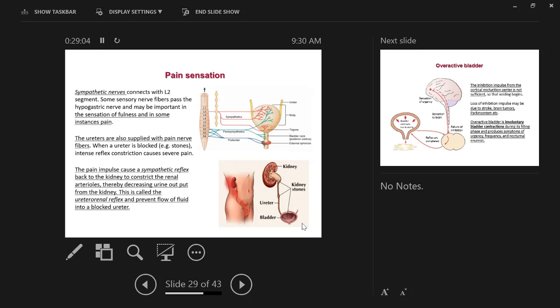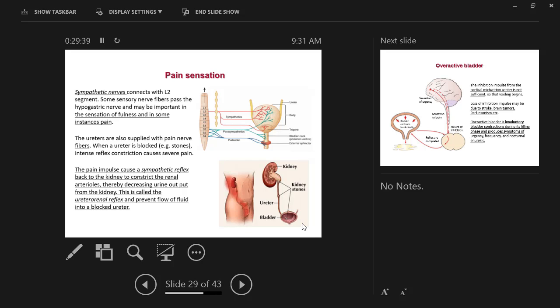In case kidney stones happen, it's really painful, right? This causes a lot of pain because the same sympathetic nerve innervates the ureter, and then pain goes back, and the impulse causes a sympathetic reflex back to the kidney to constrict the renal arteries, thereby decreasing urine output from the kidney.